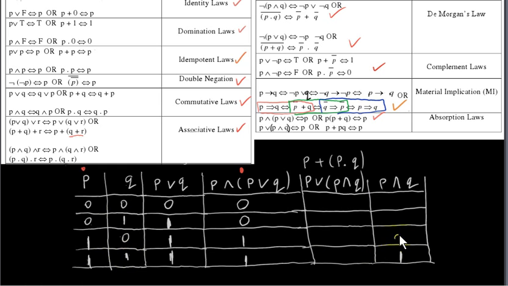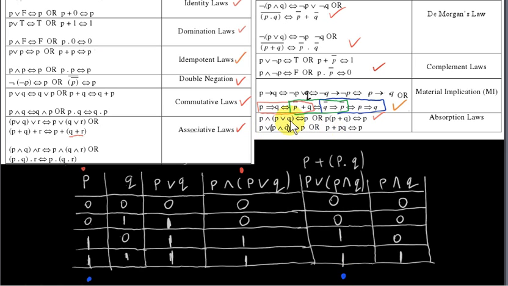It's false otherwise. Now we want P, this column, or this column. So it's false when they're both zeros, first two rows, otherwise it's true. So you can see here that this column P is equivalent to this column here, which proves the second absorption law.